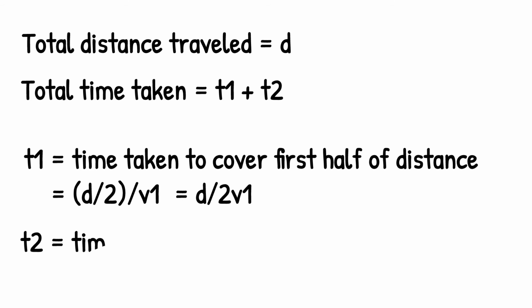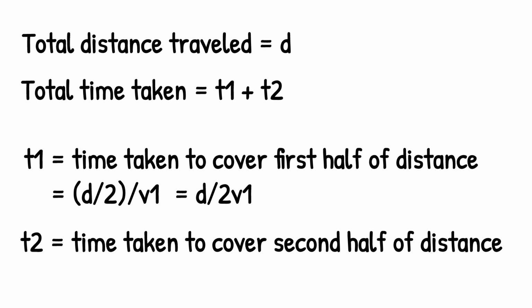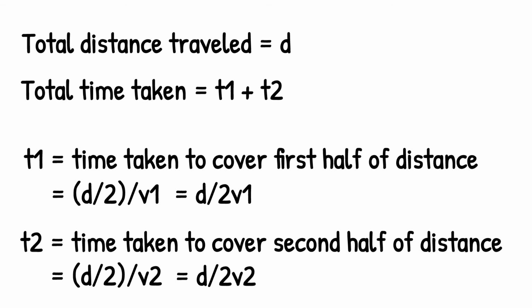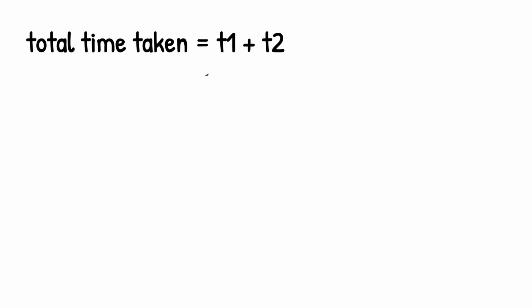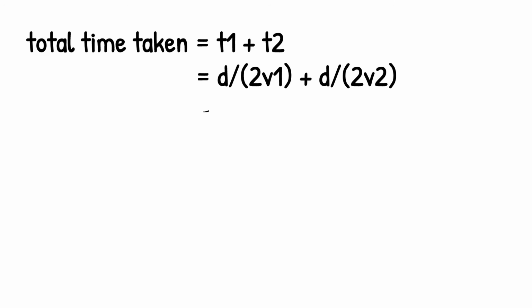Similarly, t2 is the time taken to cover the second half of the distance, and t2 equals d by 2v2. From the previous equations, total time taken equals t1 plus t2, so it is d by 2v1 plus d by 2v2.